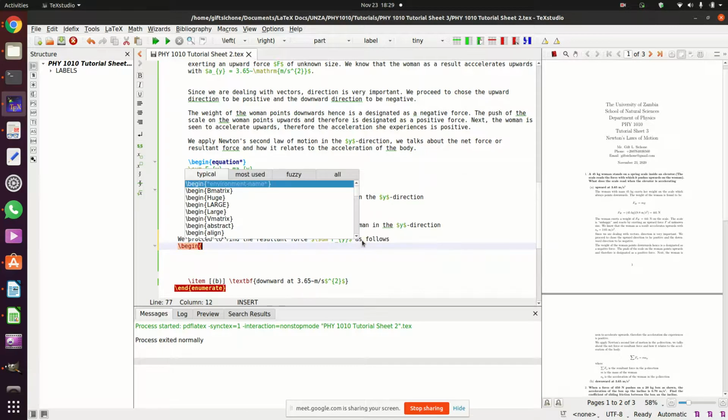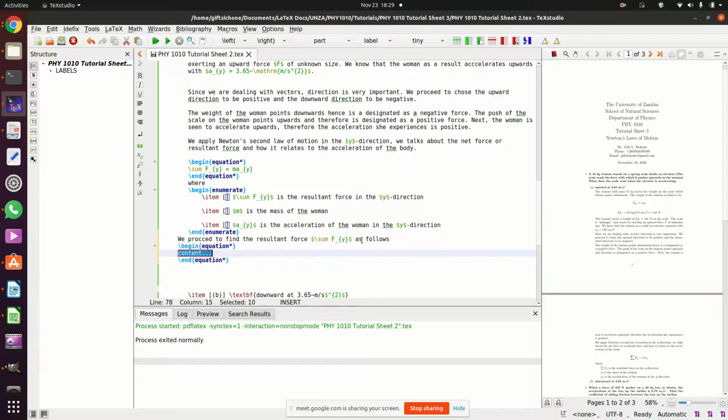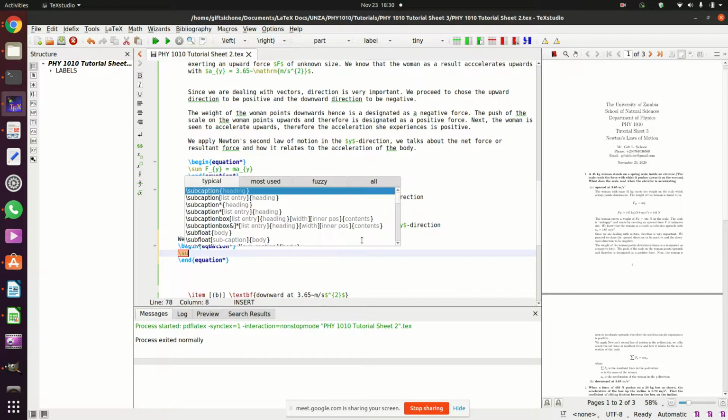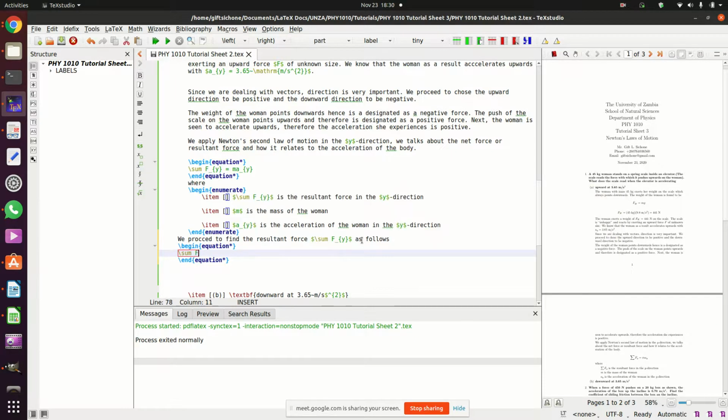There are two of them, the weight and the reaction of the scale. So this shouldn't be very difficult, people. That will be equal to F, where F is the force of the scale on the woman. It's pointing up, that's why it's positive, plus the weight of the woman, which is negative because it's pointing down.